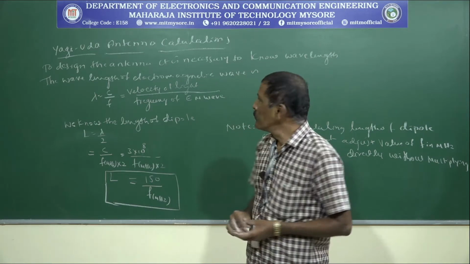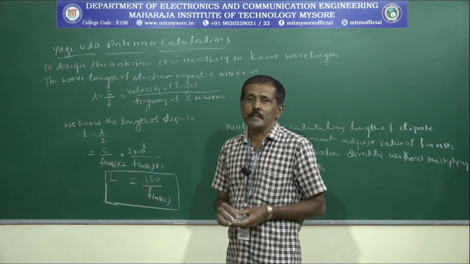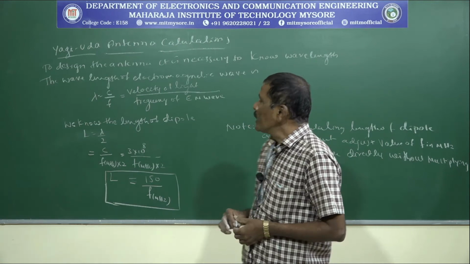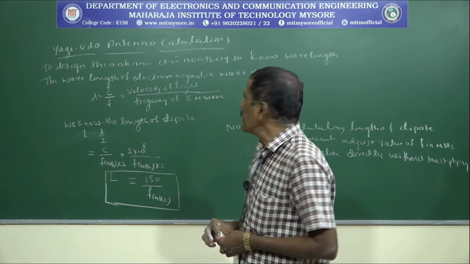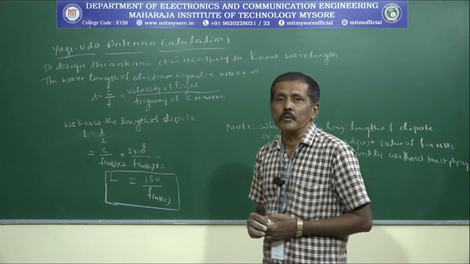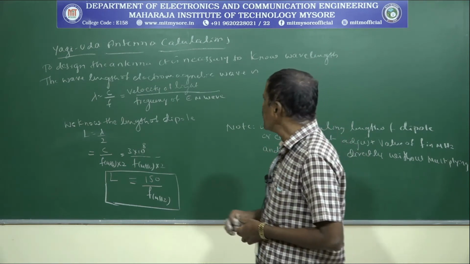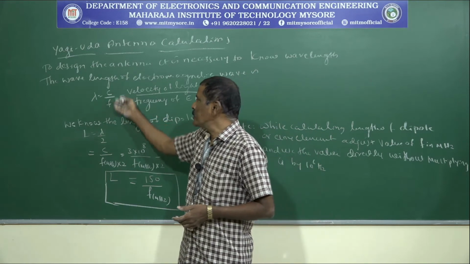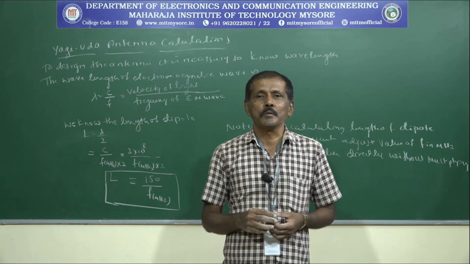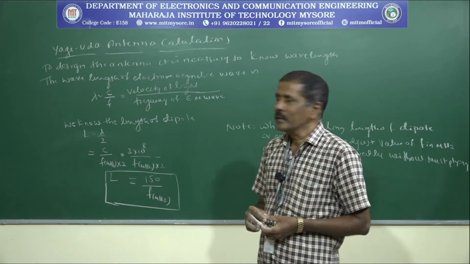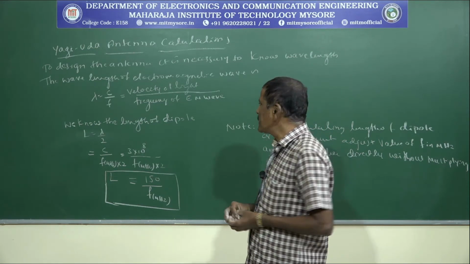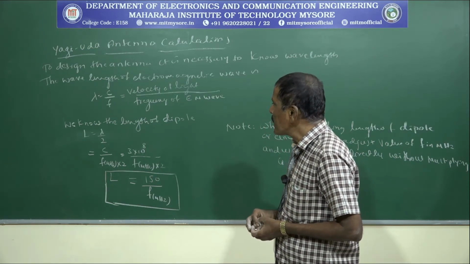Now let us consider some of the design calculations. To design a Yagi-Uda antenna, it is necessary to know the wavelength. The wavelength of electromagnetic waves is given by lambda equals c by f, where c is the velocity of light and f is the frequency of electromagnetic waves.